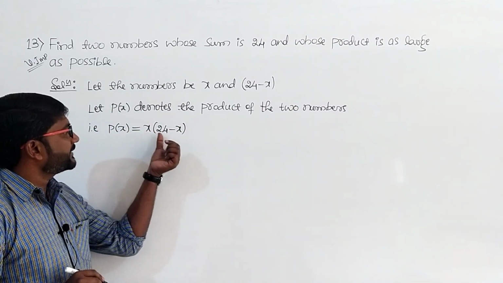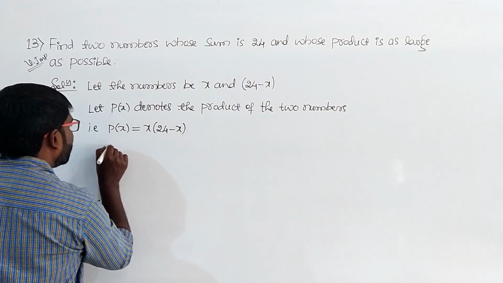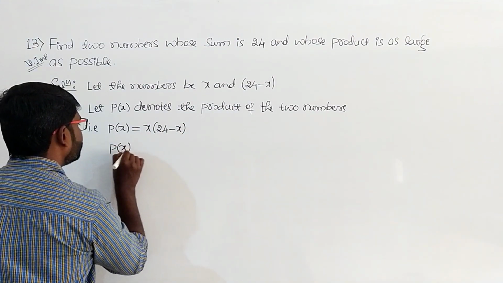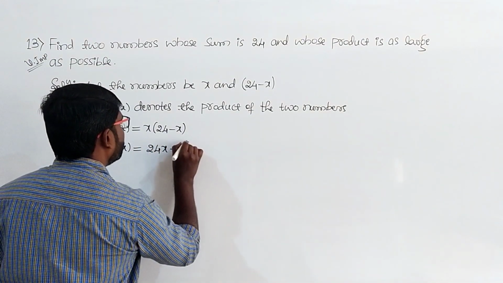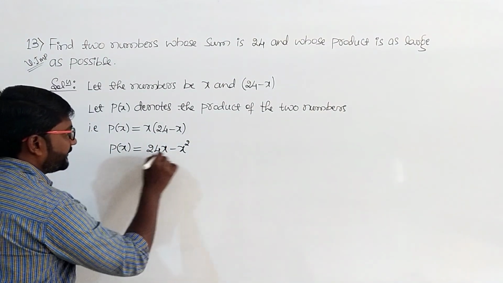Multiply x with these two terms. We get P of x equal to 24x minus x square.